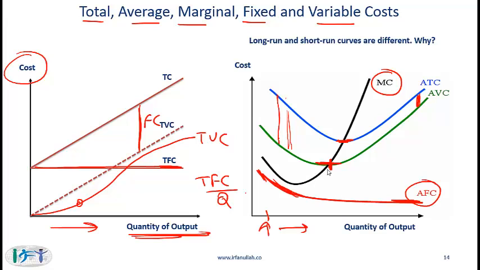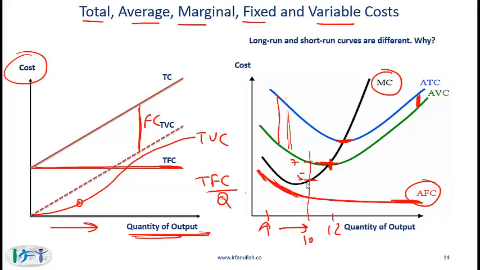Let's say that we are at this point over here. Let's say that the quantity here is 10. Let's say that this minimum point is 12, just picking some numbers to make this explanation easier. When we produce the 10th unit, let's say that the marginal cost is 5 versus at this point an average cost of 7.